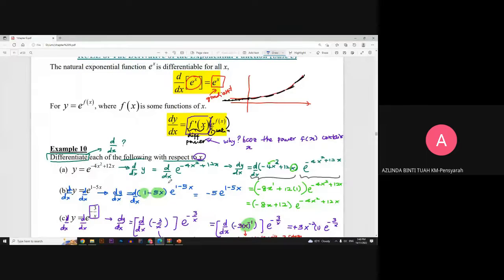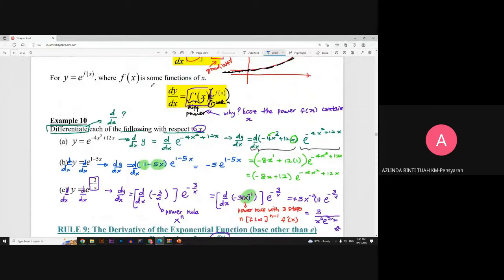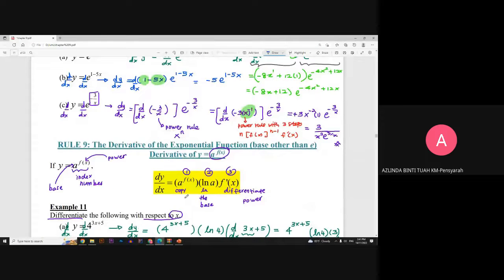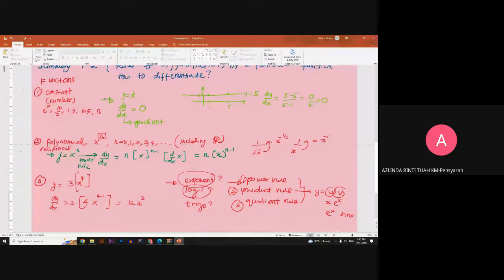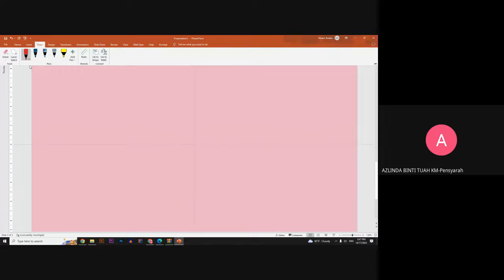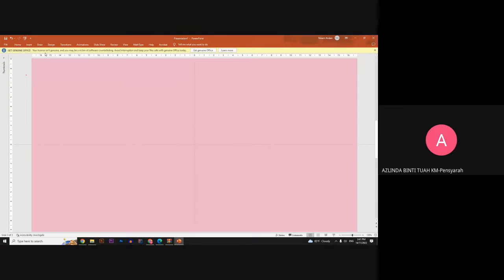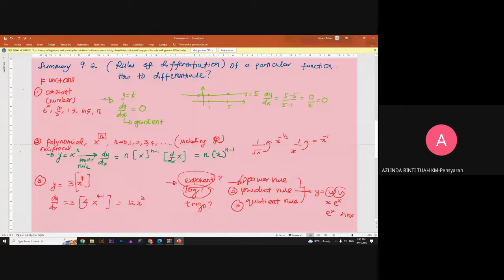So they are divided into two different parts. Actually the second box comes from this rule. Okay, basically to differentiate any kind of exponent function, I add the next rule. How many rules have we had so far? Okay, only two rules so far.